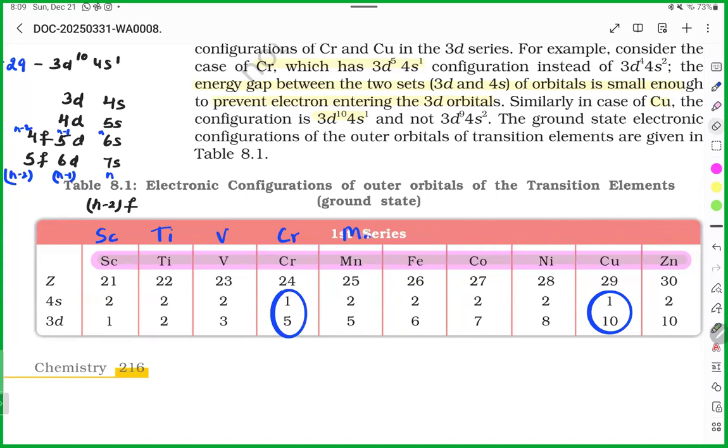If you don't have any, try to make one by yourself. If you can't make one, tomorrow I'll tell you. I'll make something funny in proper English, but this is not so great from my side, what I feel. So the first elements are scandium, titanium, vanadium, chromium, manganese, iron, cobalt, nickel, copper, and zinc.